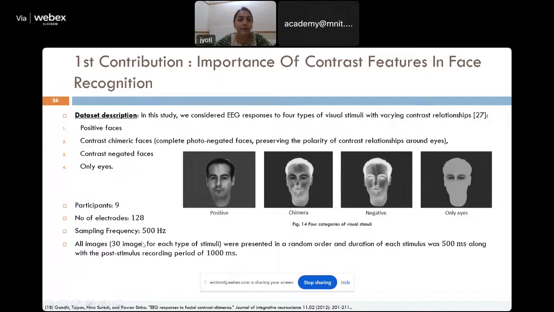So this was the experiment. It was done for 9 subjects, with 128 electrodes and a sampling frequency of 500 hertz. For each type of stimulus, 30 images were presented in random order to the subjects.